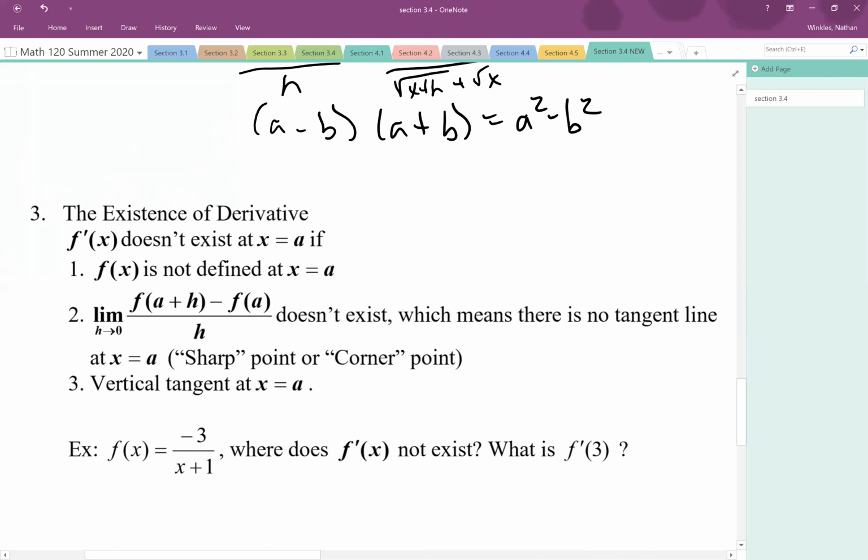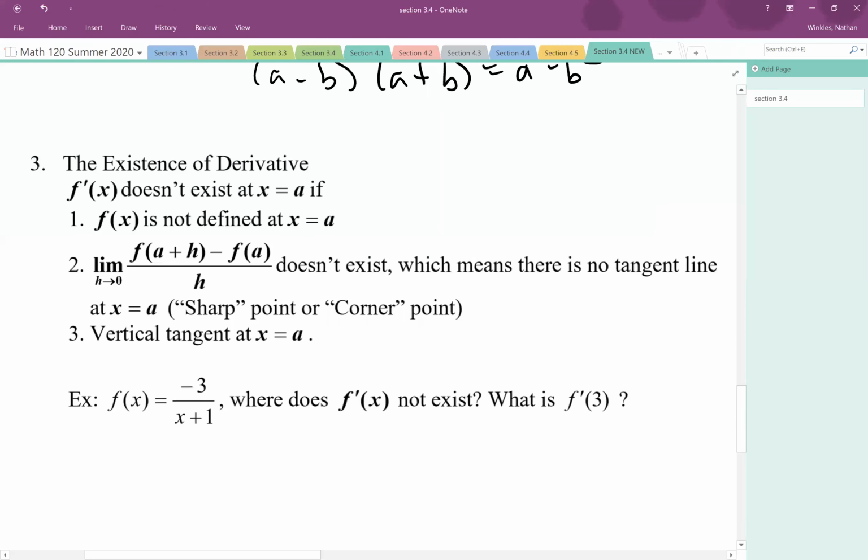This is going to be true a lot of times when we start talking about fractions, which is what we're about to see in a second. So it does not exist at x equals a if f of x is not defined at x equals a. So anytime you start, look to see where your function is not defined before you actually go into working it. Because if you think about your domain, where it does not exist, that gives you some starting points.